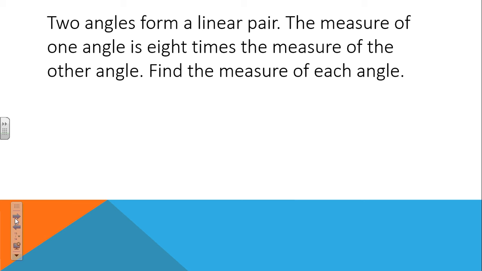Any suggestions? What's the key word here? Ariel. Linear pair. Keyword linear pair. Do we know how to draw a linear pair? When you get these problems, draw it. It will help. Okay? So everybody draw a linear pair.